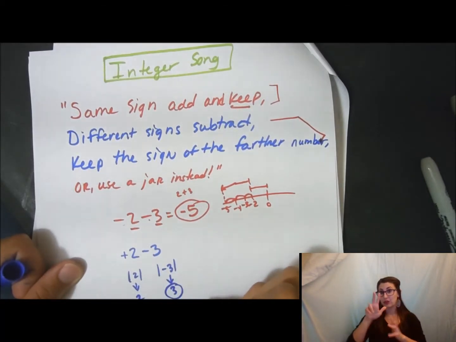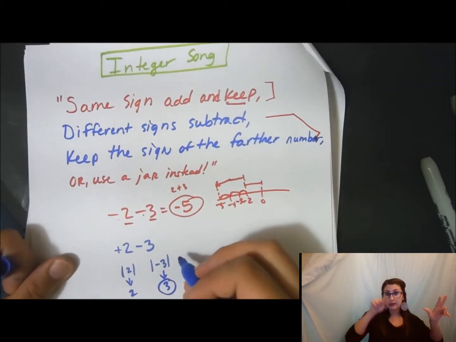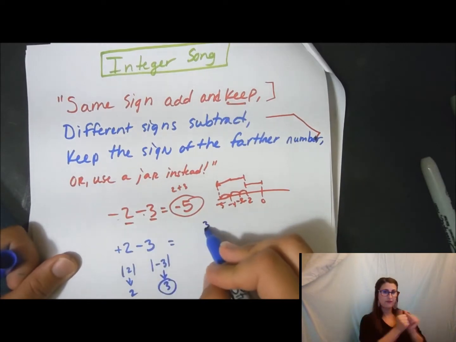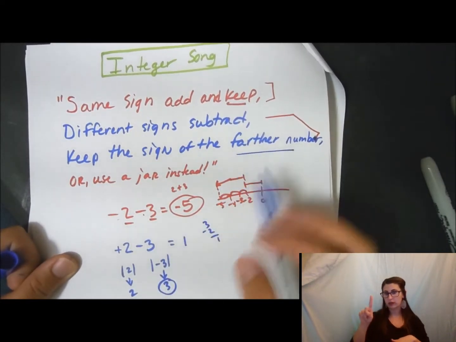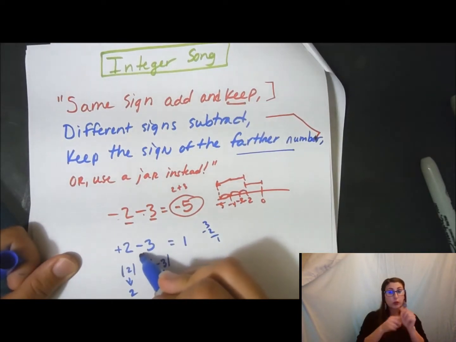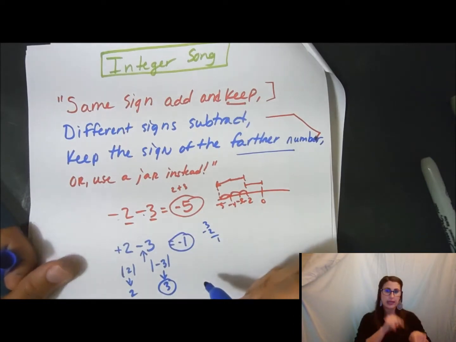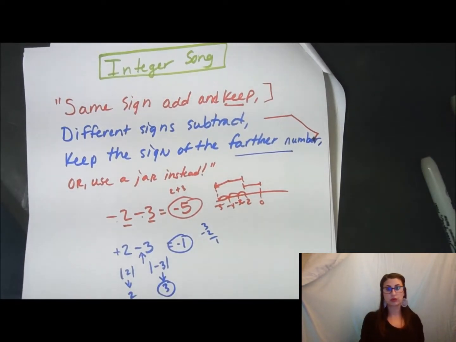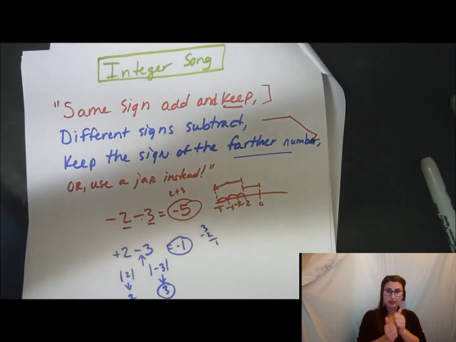This one's further away. It's 3 jumps away while this one's 2 jumps away from 0. So you subtract them. 3 minus 2 is 1. But take the sign of the further number. The further number was 3. The sign of it in the problem is negative, so -1. So you need to remember this song to help you with the problems.